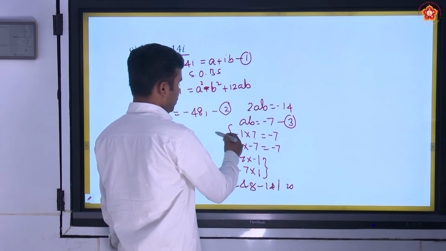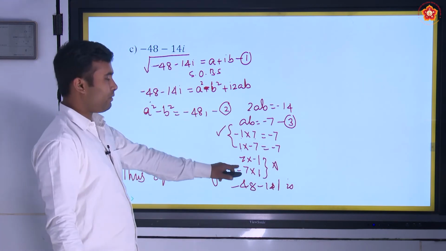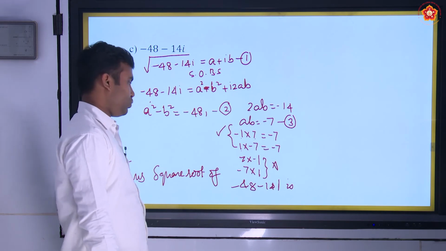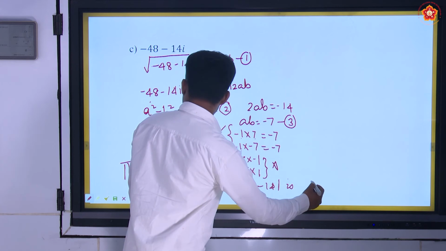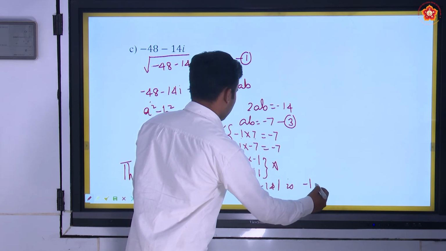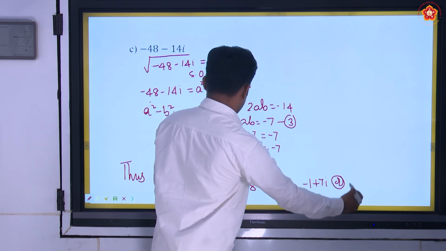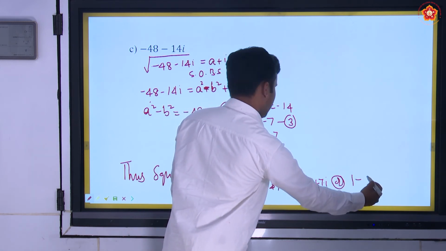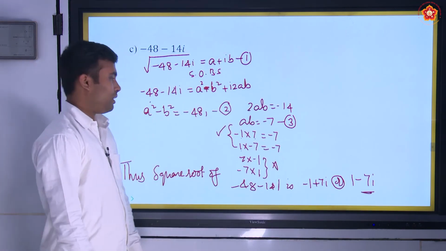This one. So we should consider this. This cannot hold good, because these values do not satisfy equation 2. Therefore, the answer is minus 1 plus 7i or 1 minus 7i. This is the required answer.